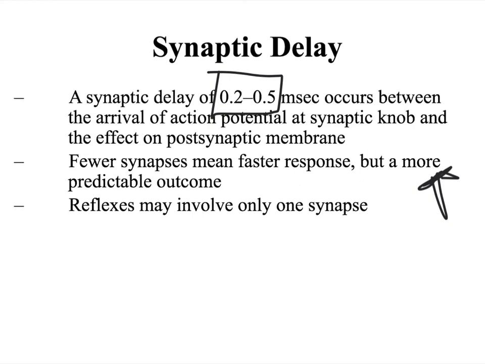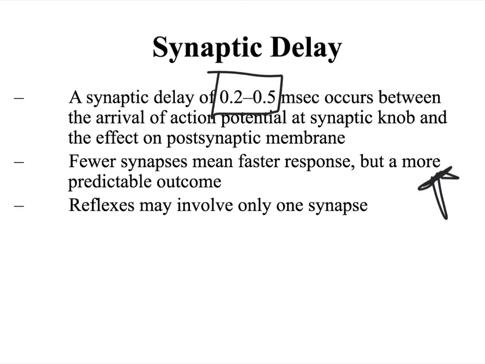But you respond quickly to avoid being physically harmed as a biologically programmed thing. So these reflexes will have very few synapses, so they happen very quickly. However, fewer synapses means that you've got a more predictable outcome.